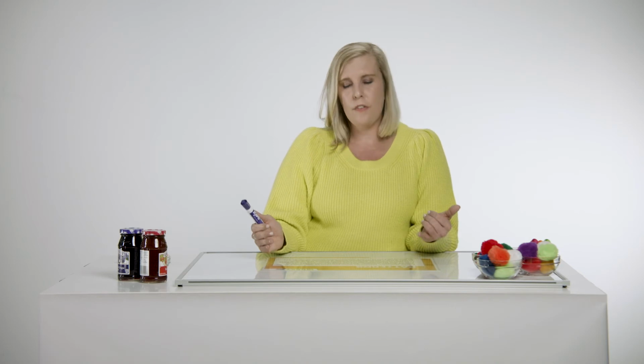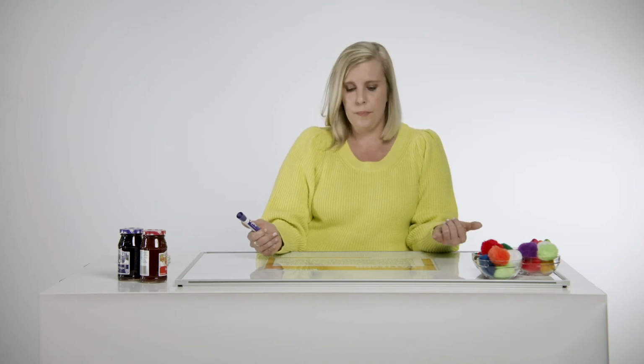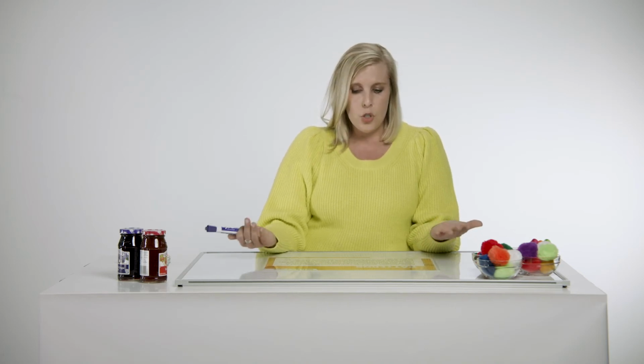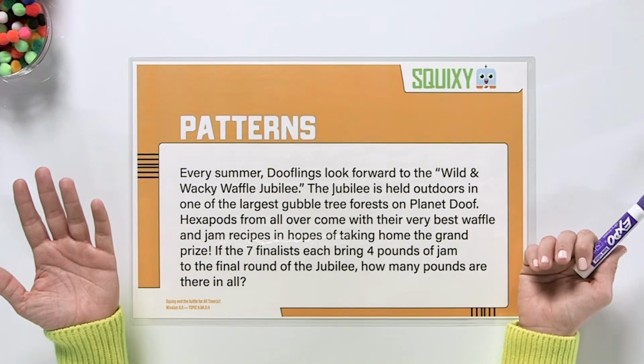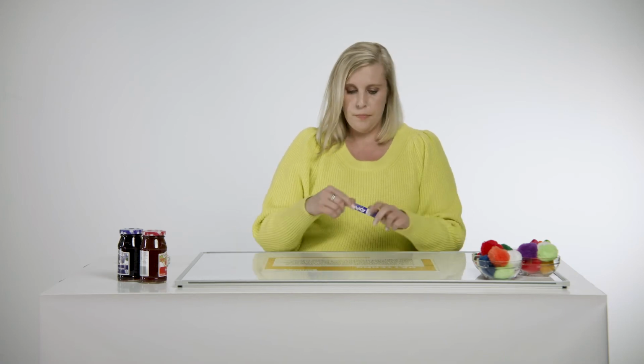After rereading this problem, I can see that there are a few sentences that aren't really that helpful. For example, the Jubilee is held outdoors in one of the largest gobbletree forests on planet Doof. Super interesting, not at all important to this problem.